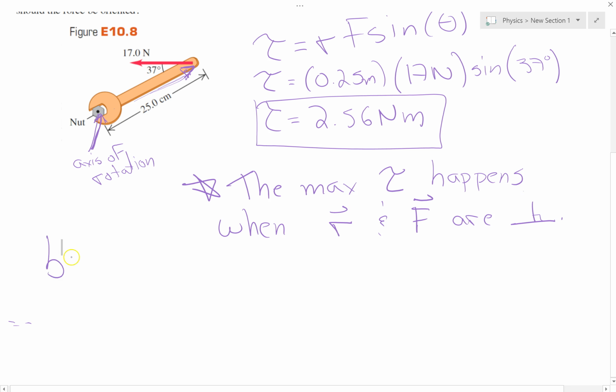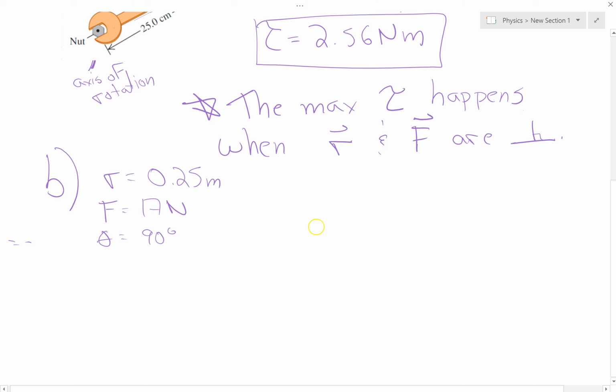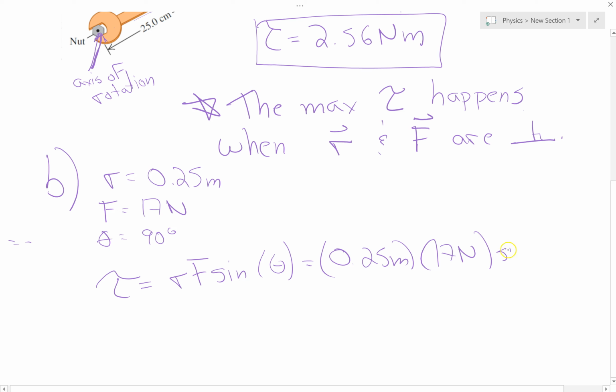So to find the maximum part for part B, our lever arm is still going to be 0.25 meters, sorry. Our force is still going to be 17 newtons, but now our angle is 90 degrees. So when we go to plug in, tau equals RF sine theta, 0.25 meters is R, 17 newtons is F, and sine of 90 degrees is 1.